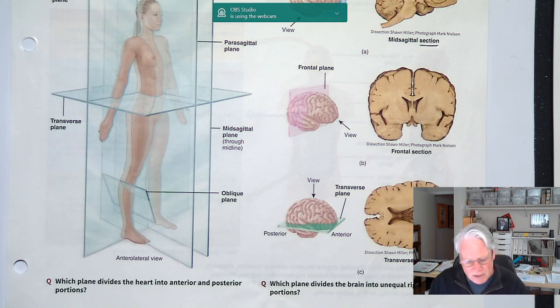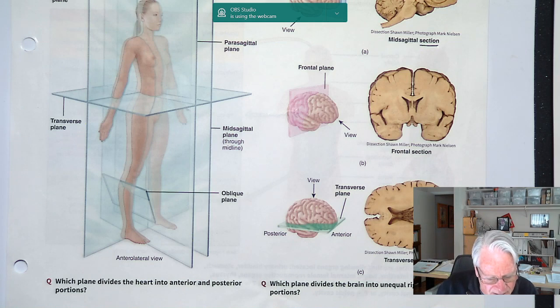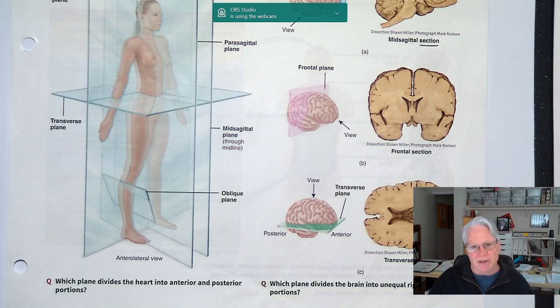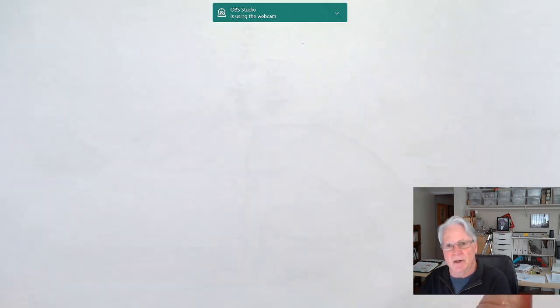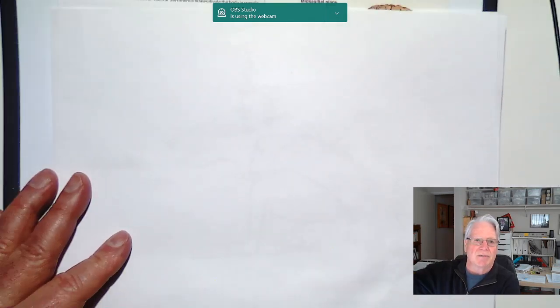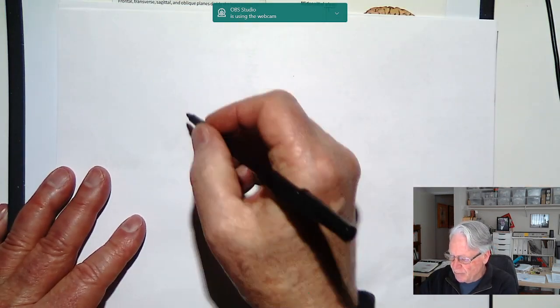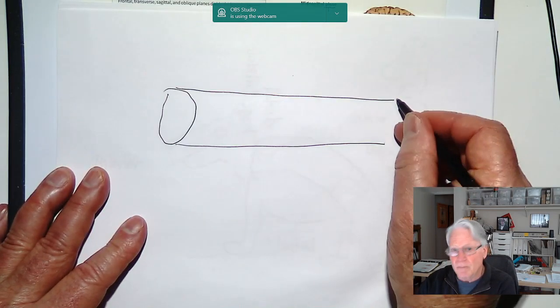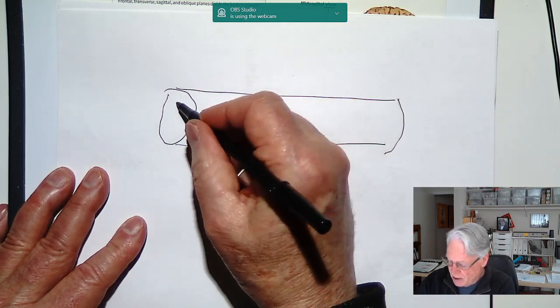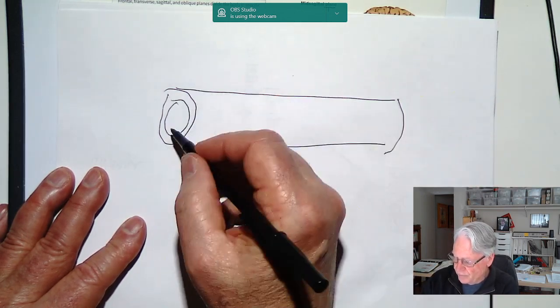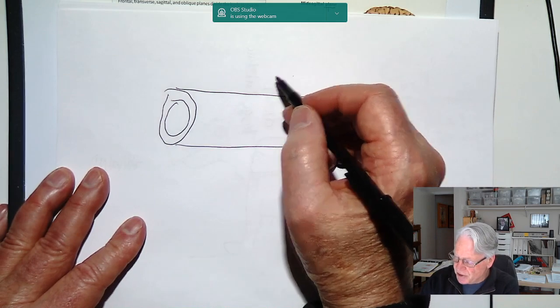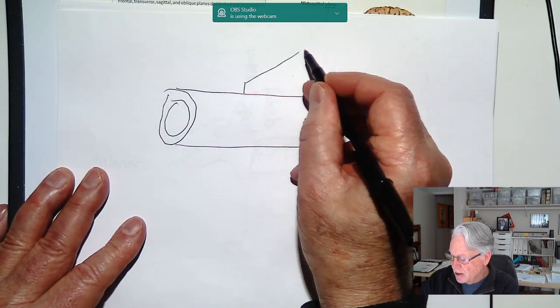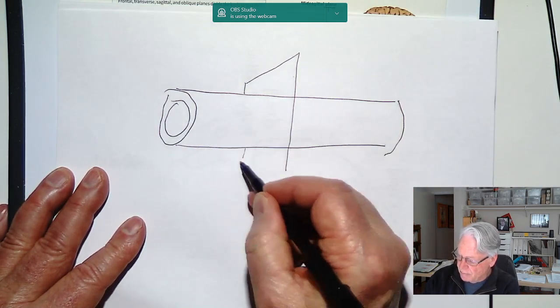All right. I want to talk a little bit about longitudinal section and cross section. And I'm going to do this by way of a drawing. So let's do this. I'm going to imagine now a tube. All right. And what I want to do is cut this tube in this fashion right here.